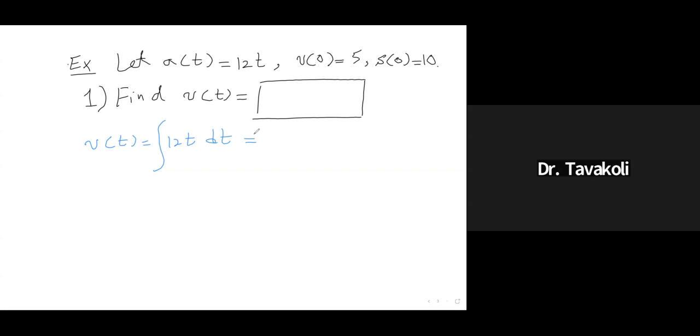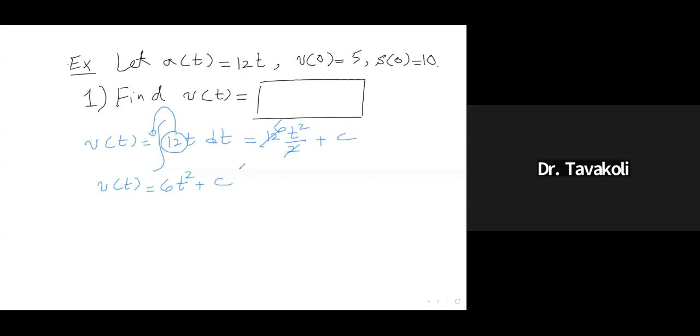This integral is quite simple, right? I can pull out 12, and the antiderivative of t is t squared over 2, and all plus c. 12 over 2 is 6. So on one hand, I know that v of t equals 6t squared plus c.